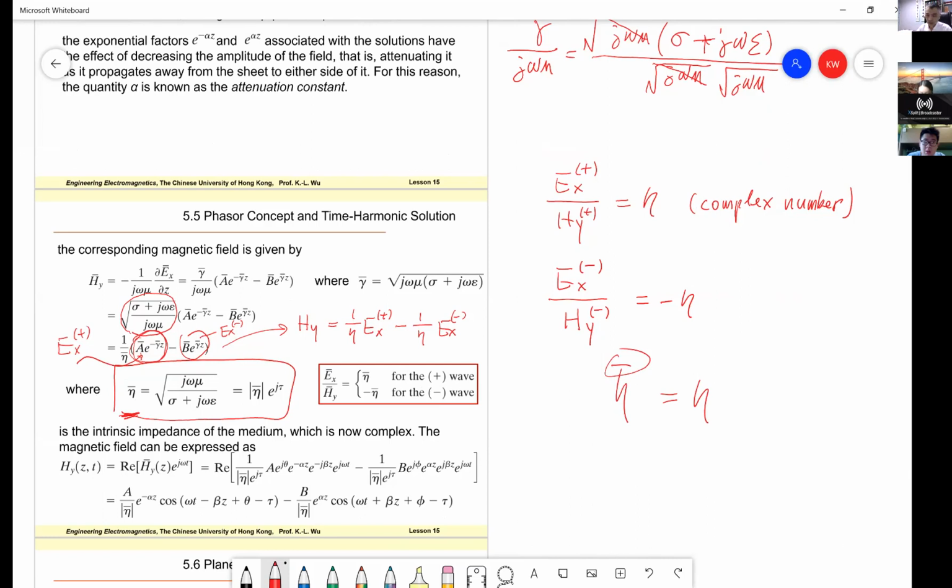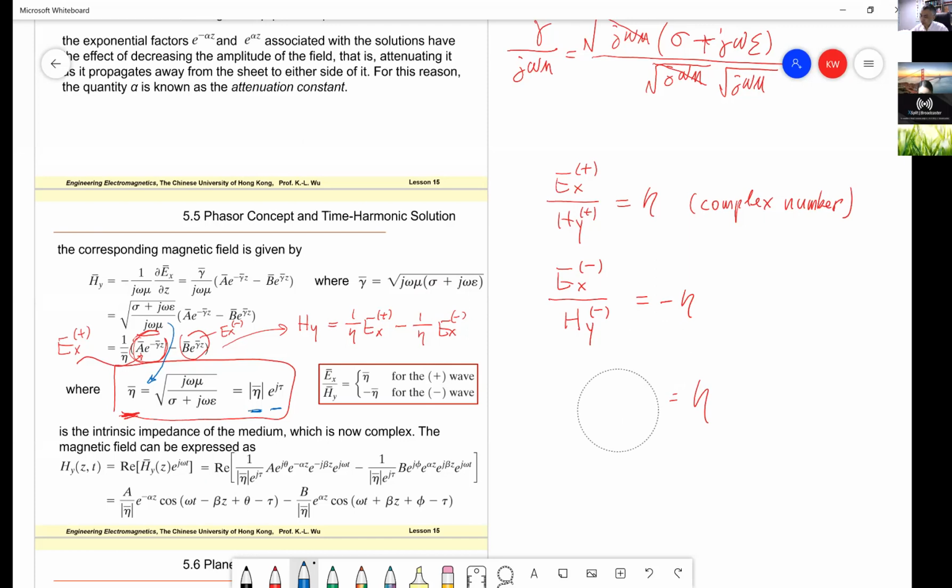So eta, we said, is this. Because this is obviously a complex number, we can write it in magnitude and phase.